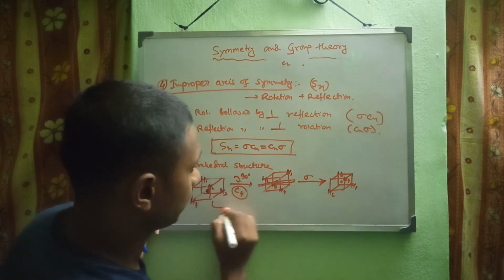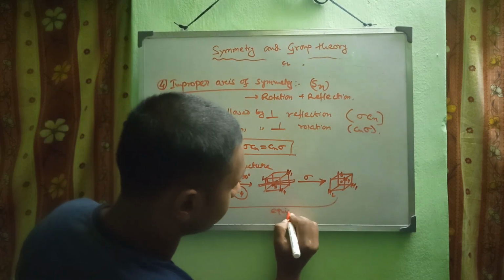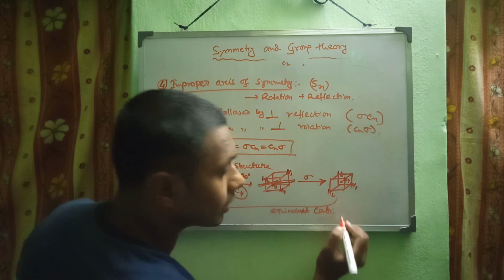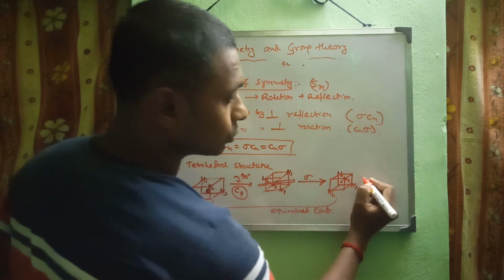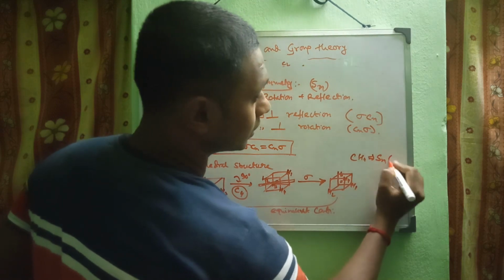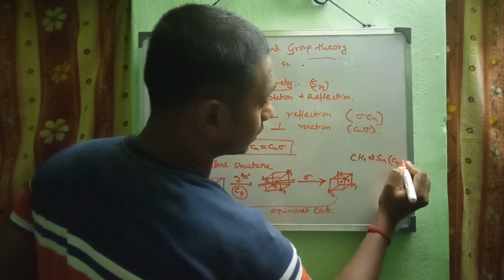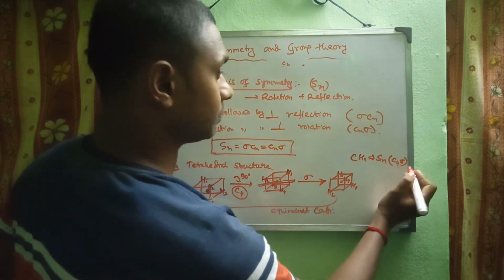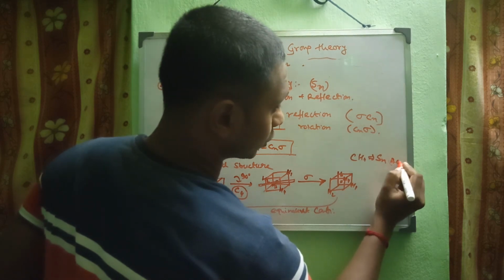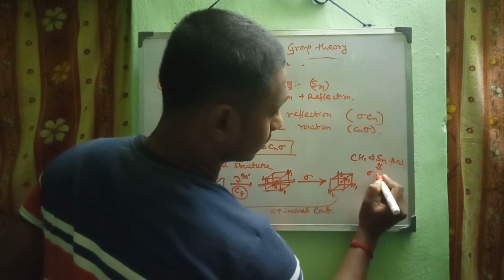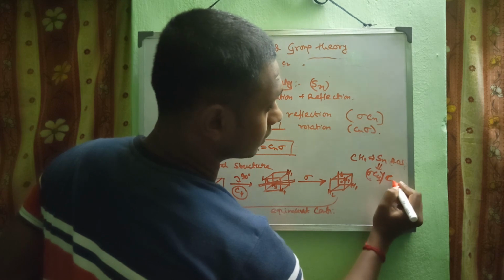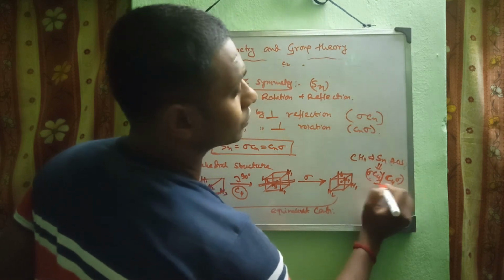So these two are equivalent configurations. So the methane molecule CH4 has S4, that is C4 plus sigma, C4 sigma, has an S4 axis of symmetry. That means sigma followed by C4, or C4 followed by sigma. Okay.